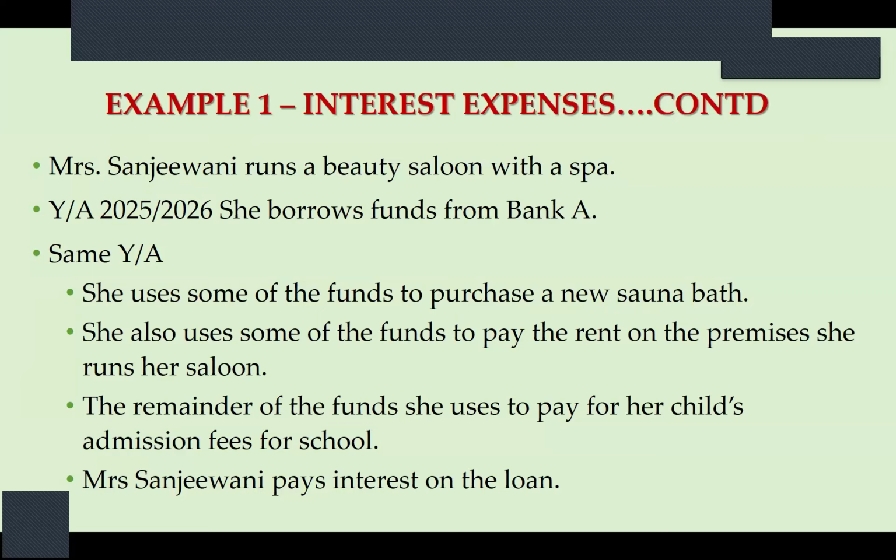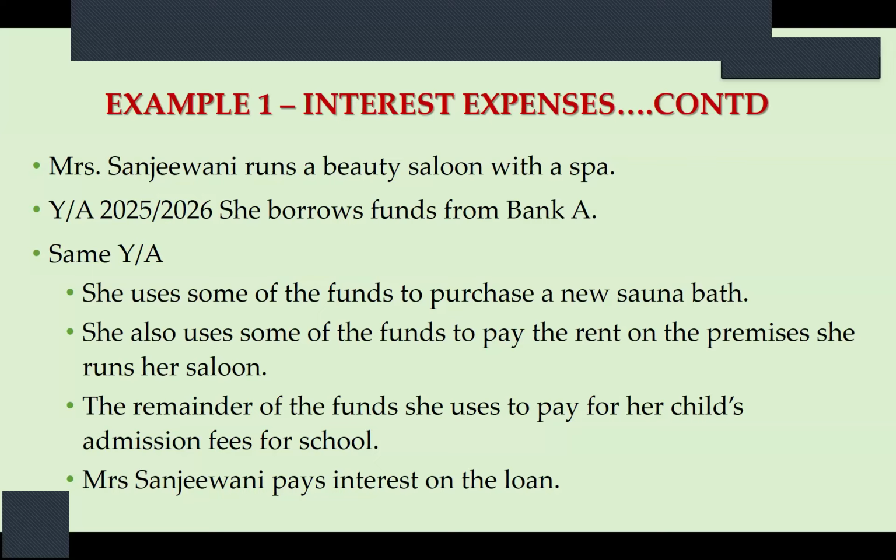She purchased a special equipment for her spa, and the next one, she also uses some of the funds to pay the rent on the premises where she runs the salon. Then the remainder of the funds she uses to pay her child's admission fee for school, and she paid interest on the loan. So what part of interest can be deducted under section 11?